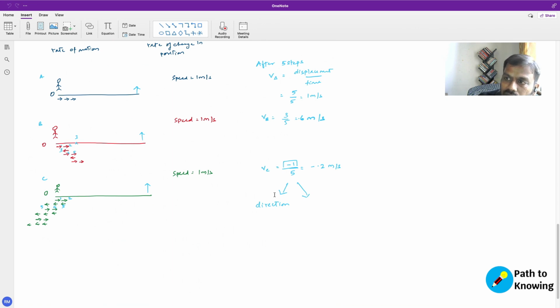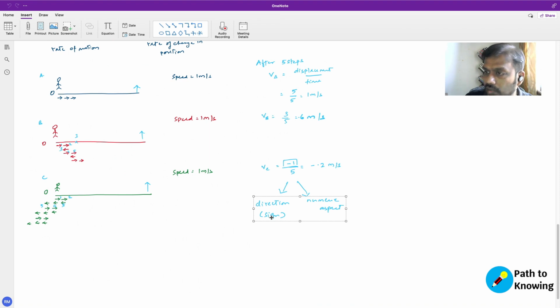Because speed is defined as distance over time, speed will also be positive. But velocity always takes into consideration the actual change in position, and that change in position can be towards the direction of your target, or it can be away from the direction of the target. So that is where velocity and displacement both have a direction aspect as well as a numeric aspect.